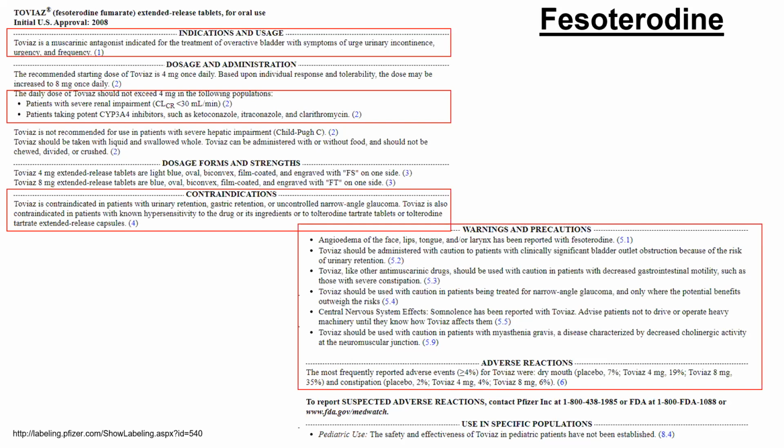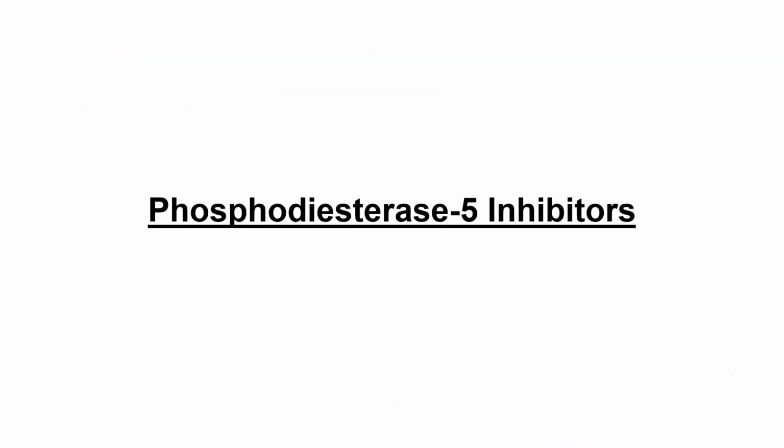Be careful in anyone who has severe renal impairment, when the creatinine clearance goes below 30 milliliters per minute, and anyone who is taking potent 3A4 inhibitors, that's ketoconazole, clarithromycin, itraconazole. Side effects, we talked about that, basically anticholinergic side effects like dry mouth, constipation, and others. So that's pretty much about this drug.